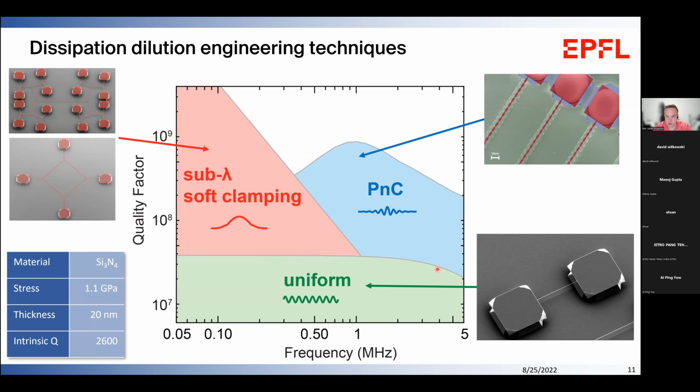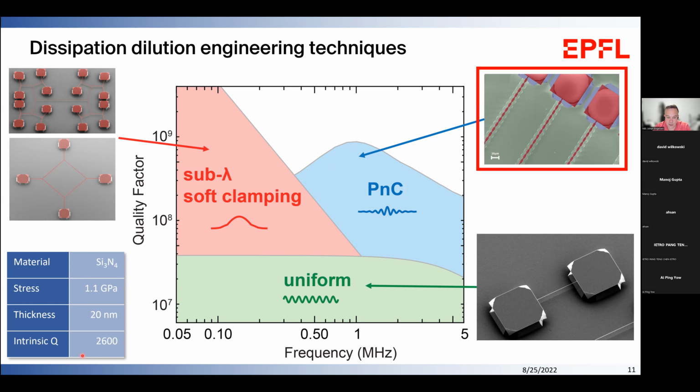So here I'm just showing you a sort of landscape of the quality factors accessible with different designs that I'll talk about today. I'm going to start with this phononic crystal structure that was the first one chronologically that was realized. This is a plot of Q versus frequency for the theoretical model of these different designs, assuming some material parameters that are shown here.